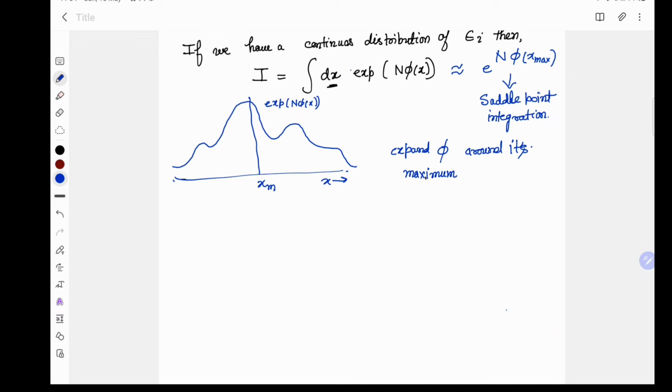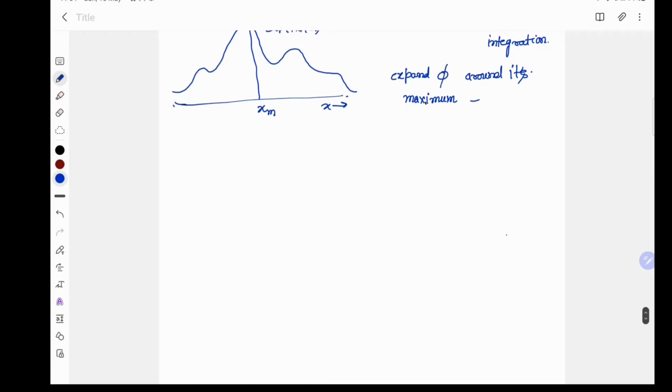By expanding near the maximum, we will have I equals integral dx exponential n phi x max minus n phi prime x max, but this term will be 0 because phi has a maximum, and we will have n by 2 phi double prime x times x minus xm whole square and so on.